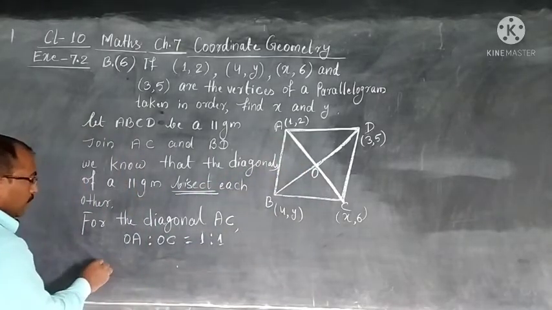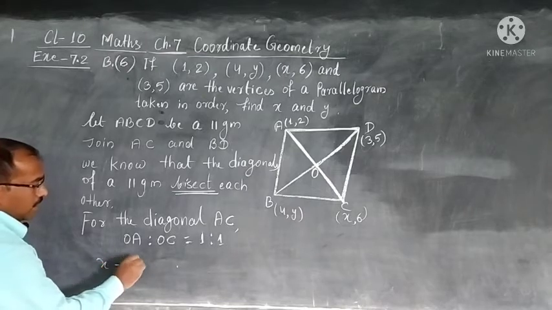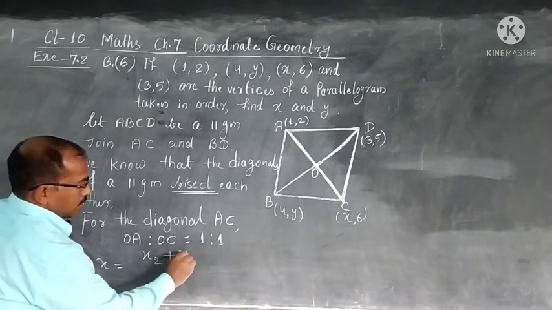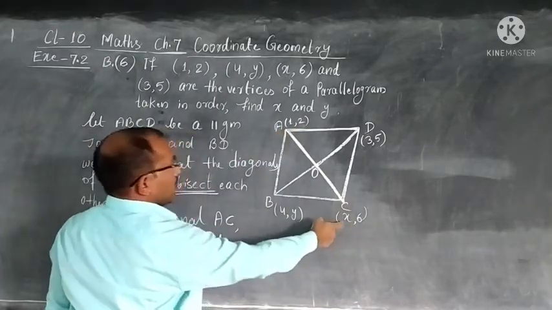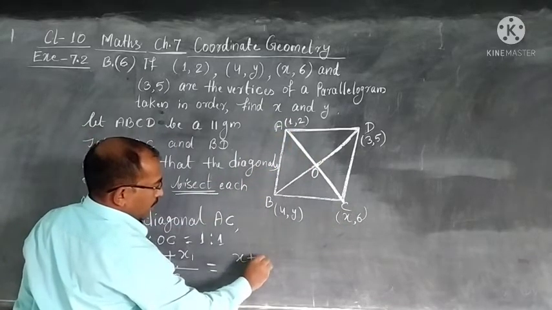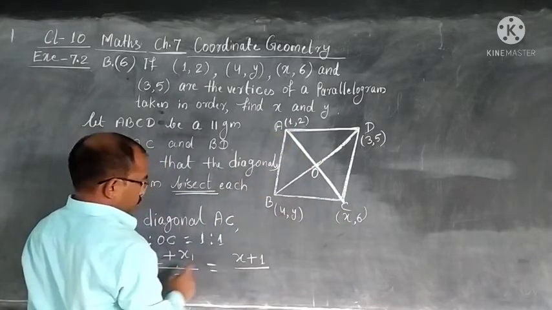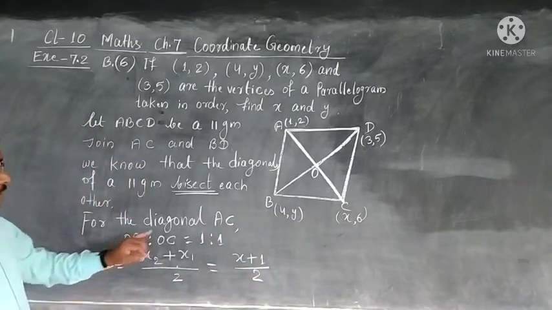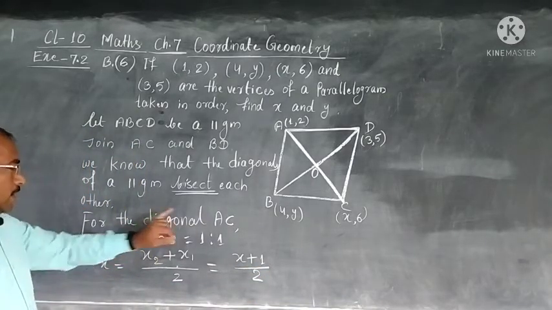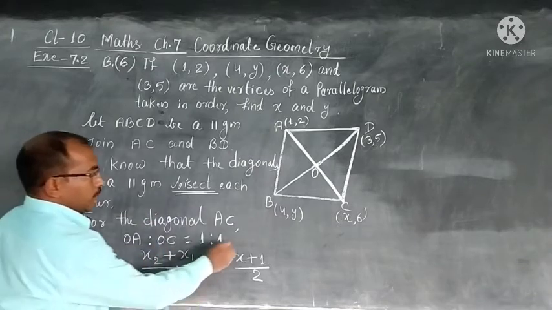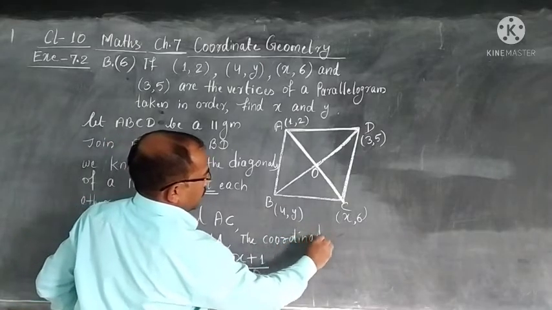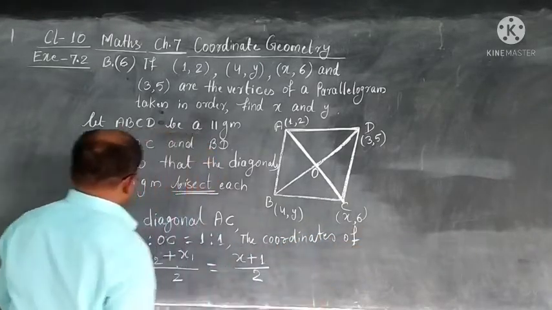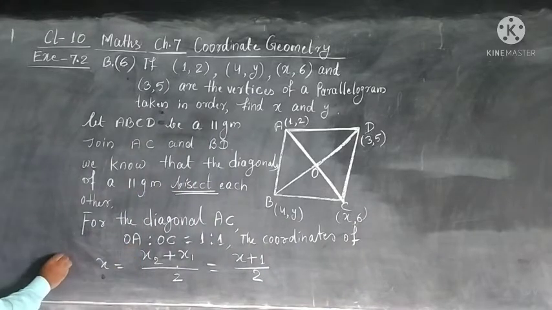For the coordinate of the midpoint O, x is equal to (x2 plus x1) by 2, that is (x plus 1) by 2. So for the diagonal AC, the coordinates of the point O: x is this.